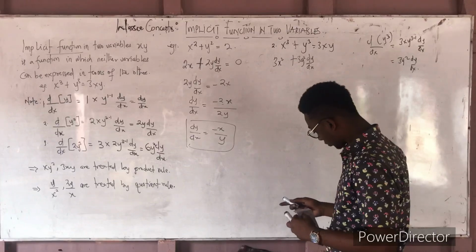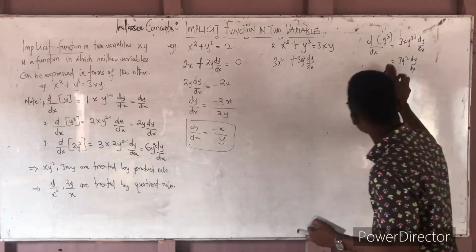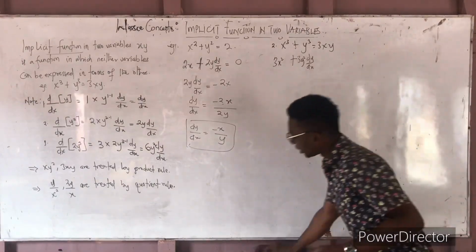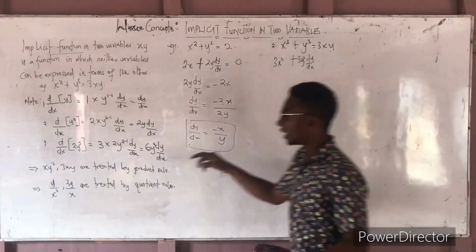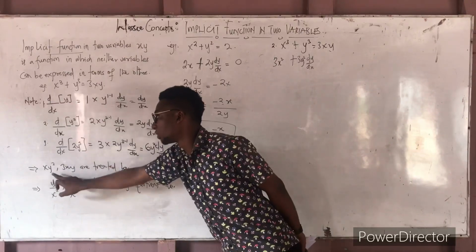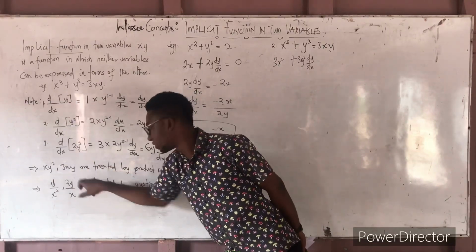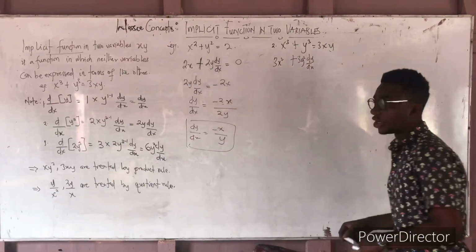Okay. Now, when you check the last term over here, you realize that the x and the y are products. So we said if you have something where the two variables are in terms of product, they are treated by the product rule. And what is the product rule?